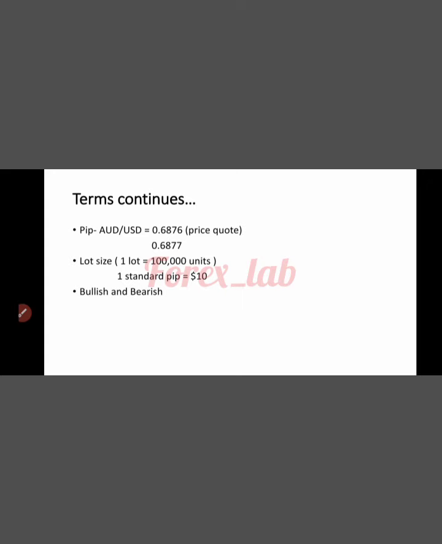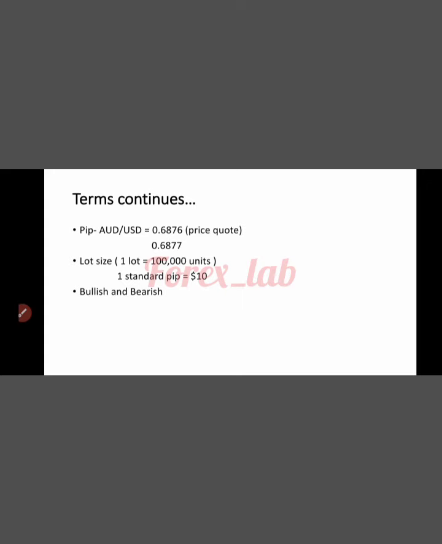So, if we look at EUR/USD, opening a trade will mean the trade size is 100,000 euros, Euro being the base currency. That is what this means.